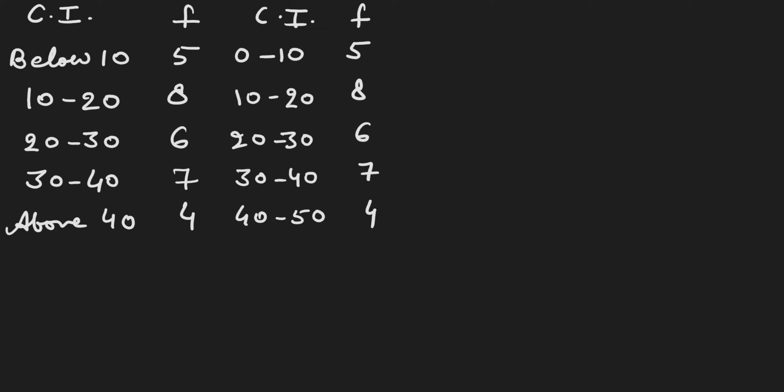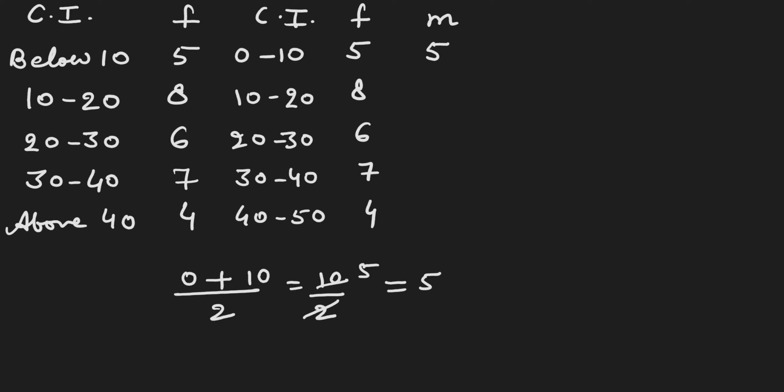For that we have to find out the mid value, which is denoted by small m. For 0 to 10, the mid value will be the lower limit 0 plus the upper limit 10, divided by 2. It means 10 by 2, and our mid value will be 5. So m will be 5 here. Similarly, for 10 to 20, our mid value will be 10 plus 20 divided by 2.